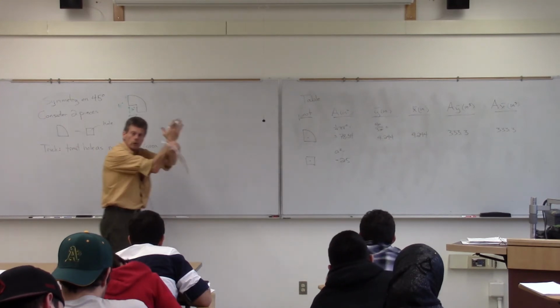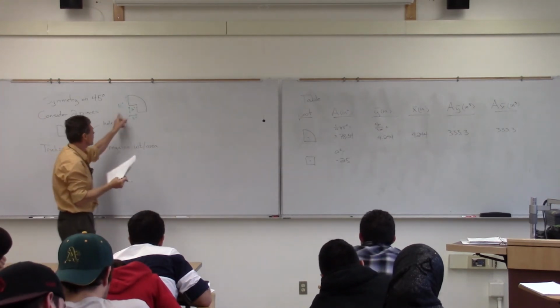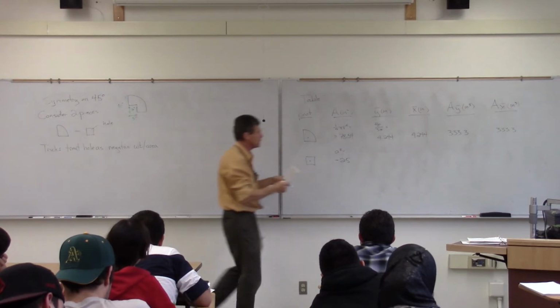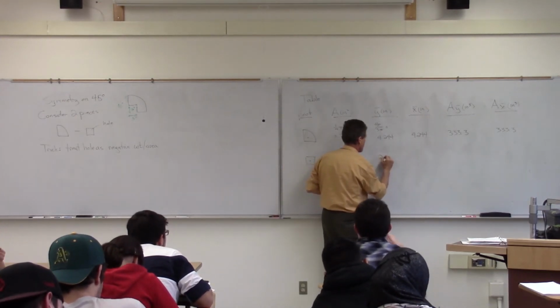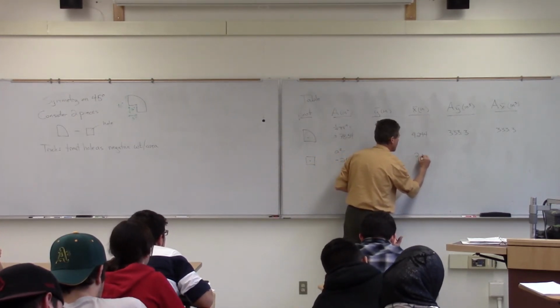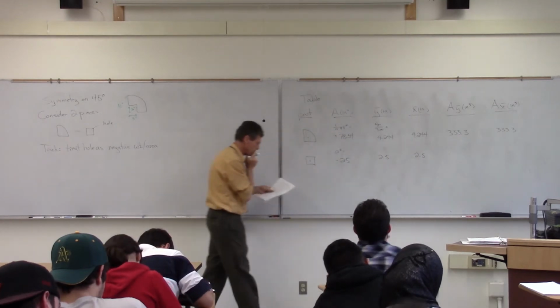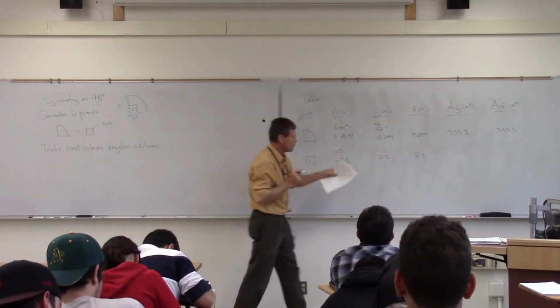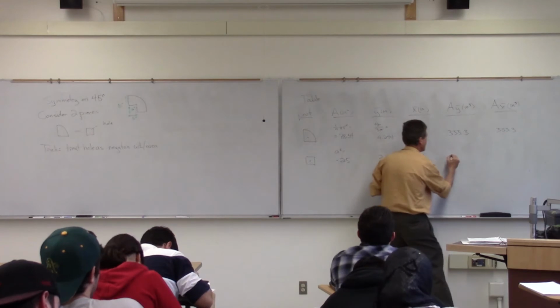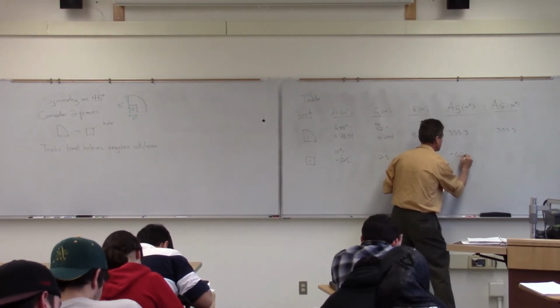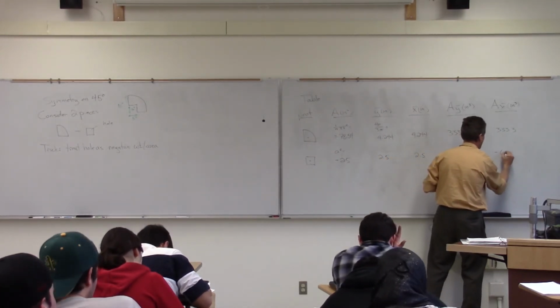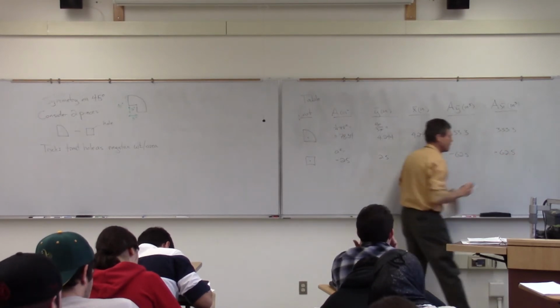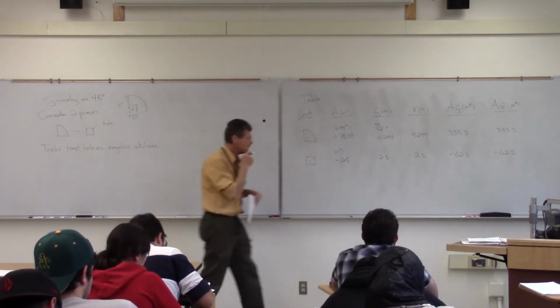And since it's got 2 axes of symmetry, I know exactly what that is. It's going to be 2.5 either direction there. And then I'm just simply going to multiply those 2 together. But I'm carrying the sign because that area was negative.